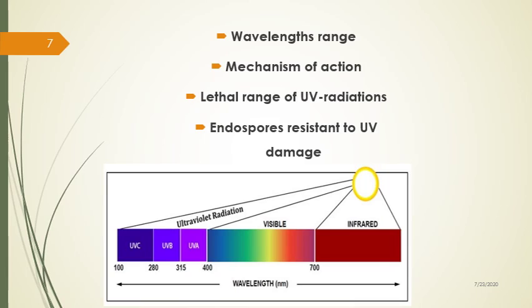When we look at the mechanism of action, ultraviolet light is absorbed by the purine and pyrimidine bases of nucleic acids, and such absorption permanently destroys these important molecules.